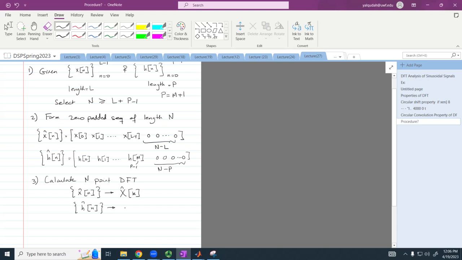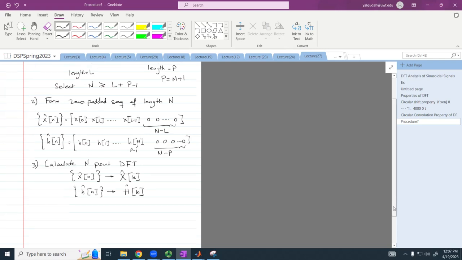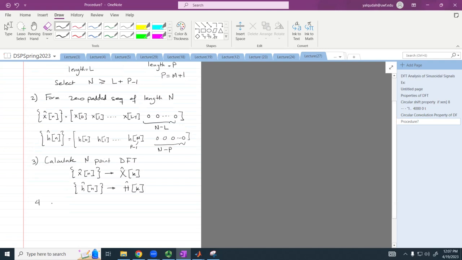This is going to give me h hat of k. And then I'm going to compute y hat of k, which is equal to x hat of k multiplied by h hat of k.